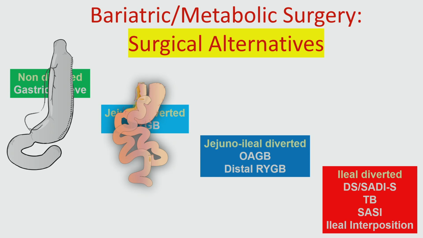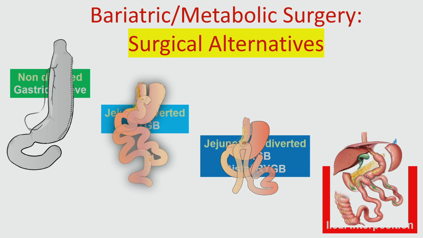Others divert the ileal region, maybe the one anastomosis gastric bypass or the distal Roux-en-Y gastric bypass. And finally, some mainly divert the ileum: the duodenal switch, the SADI-S, the transit bipartition, SASI, and the ileal interposition. So we are going to focus on this last procedure.